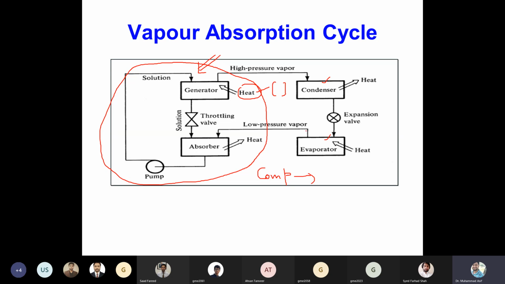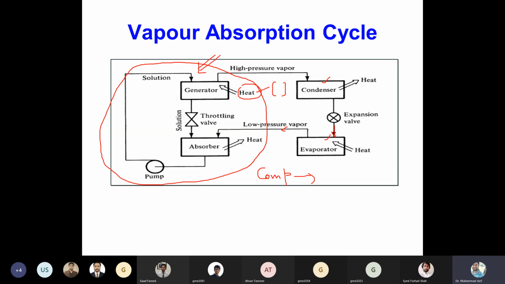So once the refrigerant enters the evaporator, it absorbs that heat. As a result, the liquid refrigerant is converted into vapors. Those refrigerant vapors have low pressure, so they are absorbed in an absorbent, right? The mixture of the absorbent and the refrigerant is pumped into the generator, where you apply the heat. Heat basically separates the refrigerant and the absorbent.